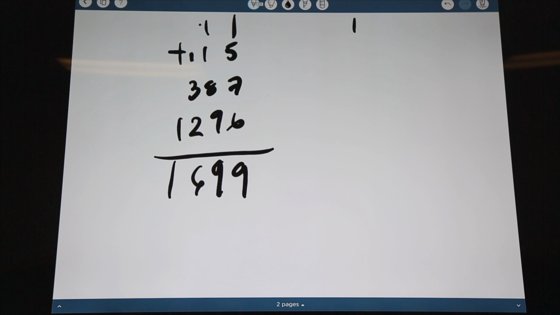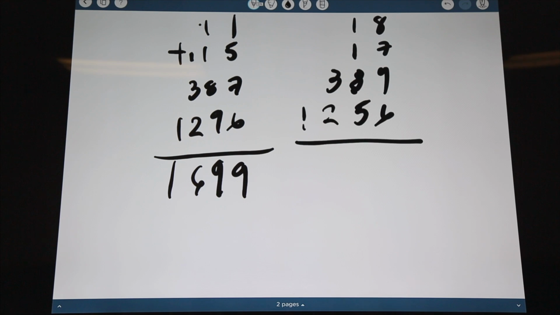Let's do the same problem, but let's make this an 8. Let's make this a 7, 3, 8, then 3, 8, 9, and 1, 2, 5, 6. 6 plus 9, 15. Plus 7. Think how many to get to 20, and then how much I'm left over. 22. 22 plus 8, 30.